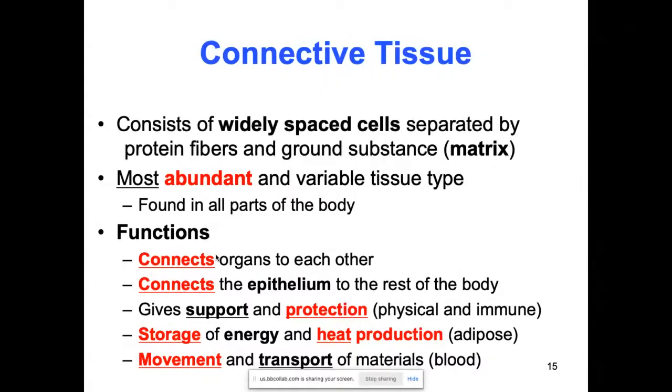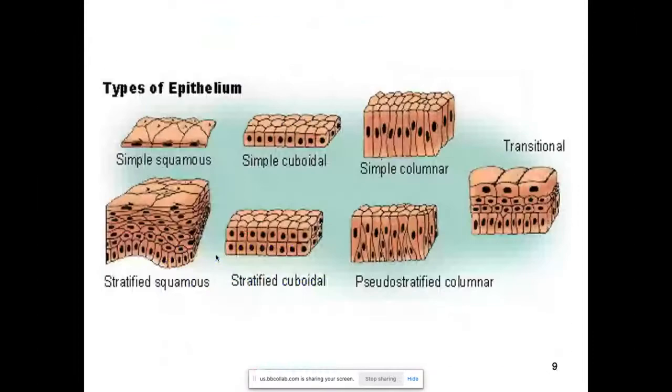The other thing I want you to keep in mind is that with epithelium, it's cells that are held very closely together, right? When you look here, all of these cells are closely packed together. That's a unique feature of epithelium. You do not see this type of presentation with connective tissue. Connective tissue is just the opposite.